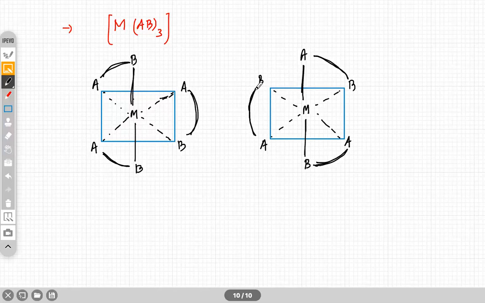Is this one possible? Sounds the same. Is it? It's not the same. Yes, sir. See, these two GI is possible for this one.